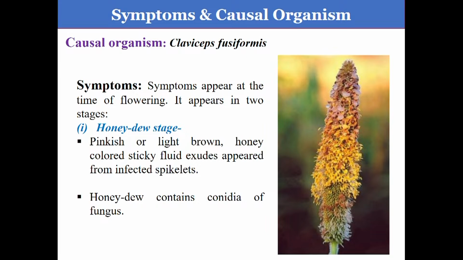In these symptoms, you can see here in the photographs, pinkish or light brown honey-colored sticky fluid exudes from the infected spikelets. The inflorescence sometimes becomes completely damaged in severe infection, and honeydew contains conidia of the fungus.